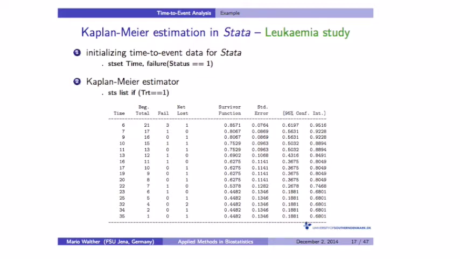This is for the treatment group. You have to search where the value of 0.5, 50%, would be. This value would be between these two survival probabilities, and there are events after 22 weeks and after 23 weeks.